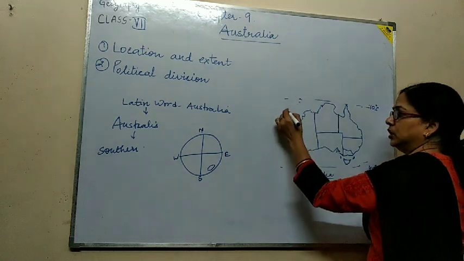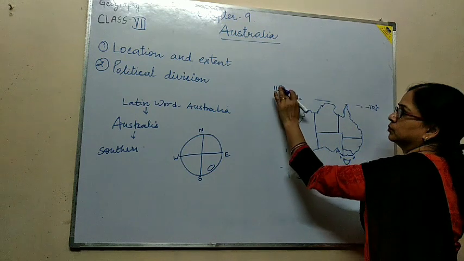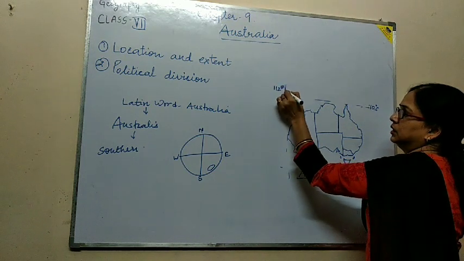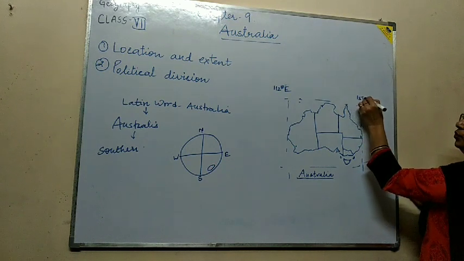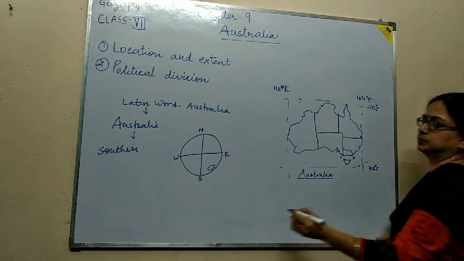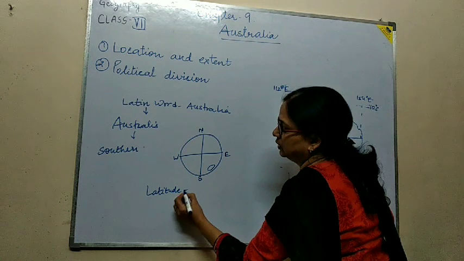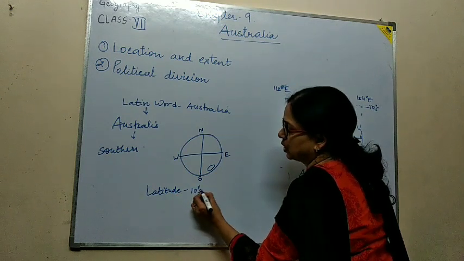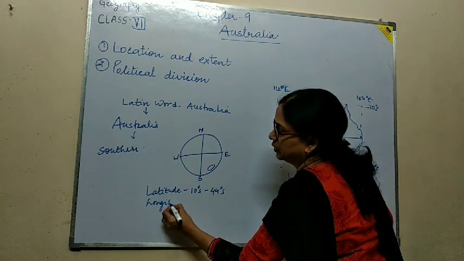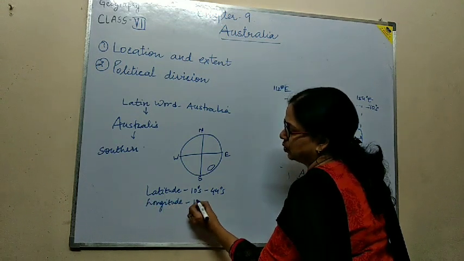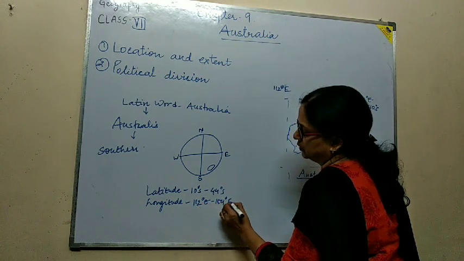About the longitudinal extent, it is 112 degree east to 154 degree east. Latitudinal extent is 10 degrees south to 44 degrees south, and longitudinal extent is 112 degree east to 154 degree east.